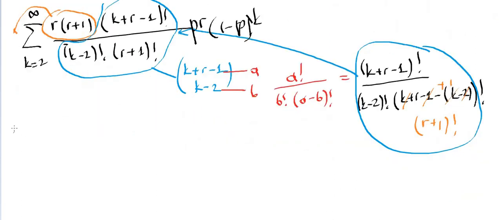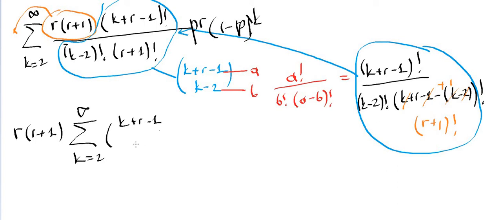Now we have r times r plus 1 in front, summation k from 2 to infinity, and instead of this expression we said that we're going to use k plus r minus 1 choose k minus 2, and we have p to the r, 1 minus p to the k.